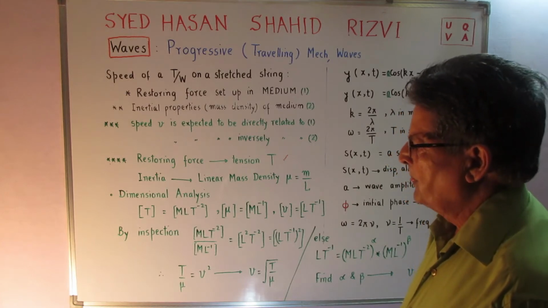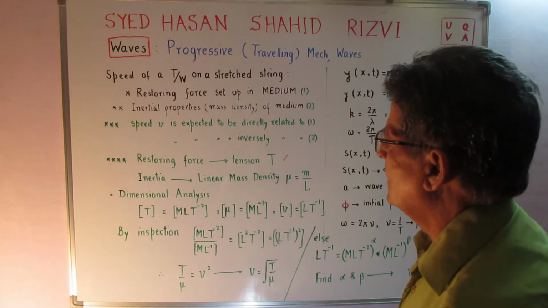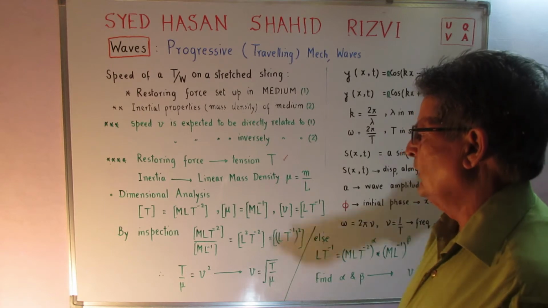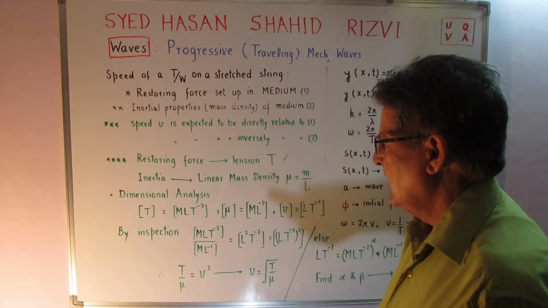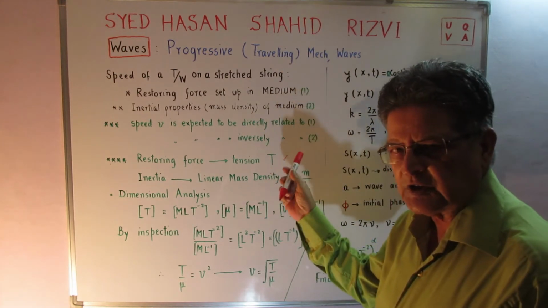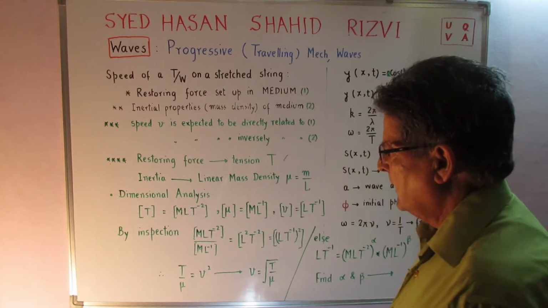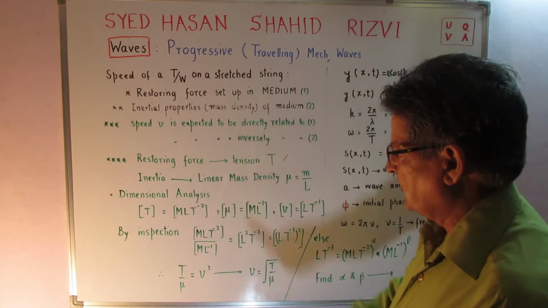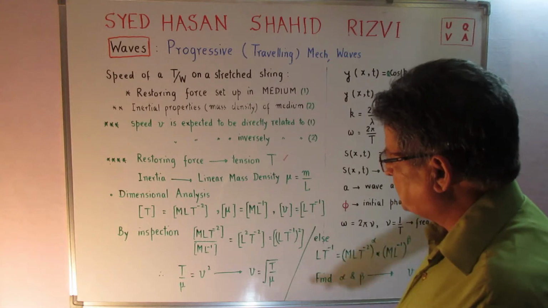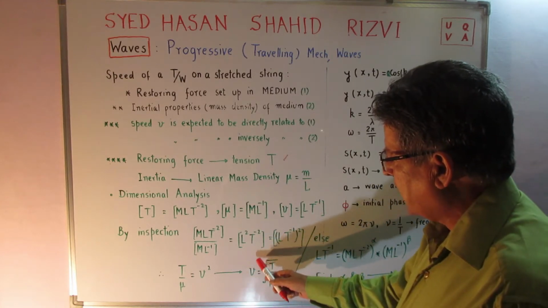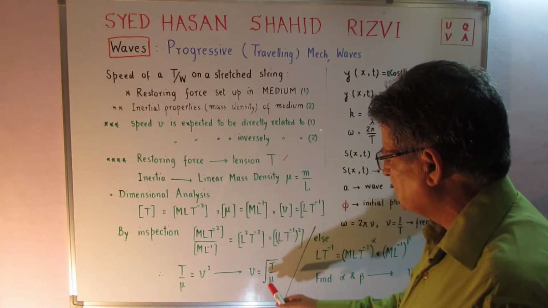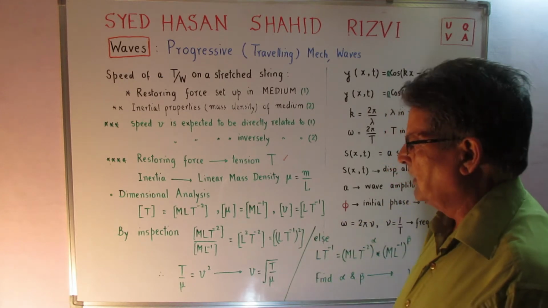One of the methods we know is that if we can say what the things are on which a certain quantity depends, then we can do a dimensional analysis. So dimensions on the left hand side and dimensions on the right hand side should be the same.